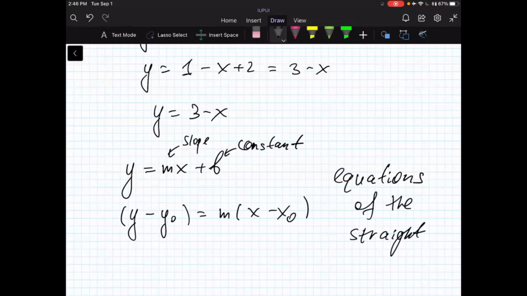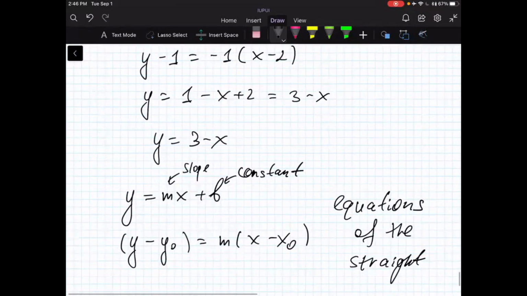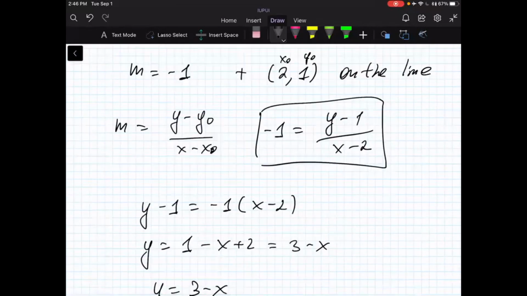So we started with the tangent line, and we can go back and calculate the equation of the tangent line once we calculated the derivative of our function. Okay, I think that's it for today.